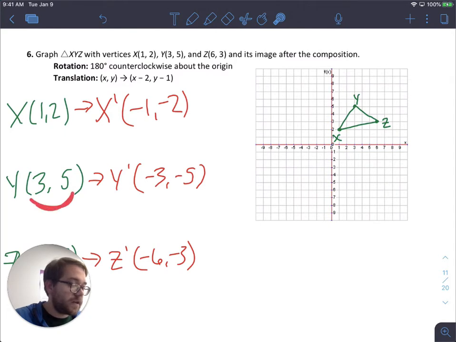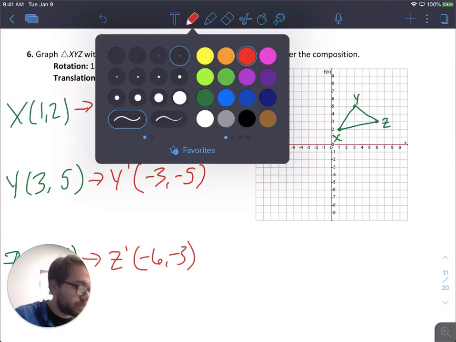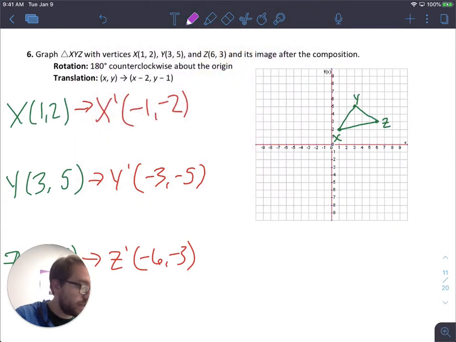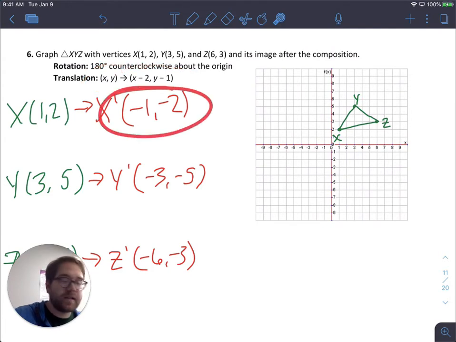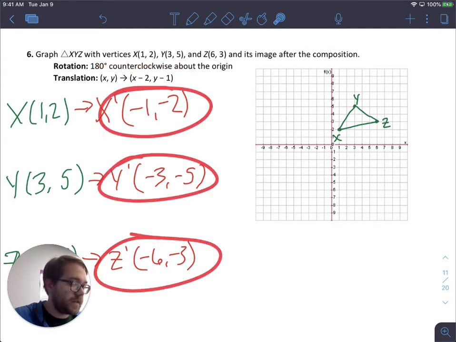Same thing, 3, 5, rotate it, -3, -5. Okay, so that's the rule for rotating 180 degrees counterclockwise about the origin. Then I'm going to translate it: x minus 2, y minus 1. And this rule is telling me how to translate each of these points.